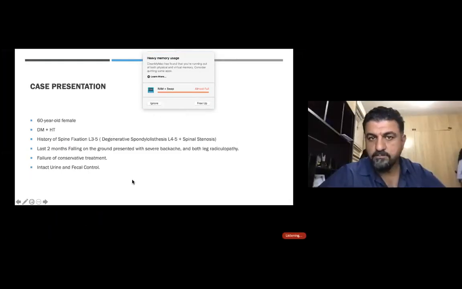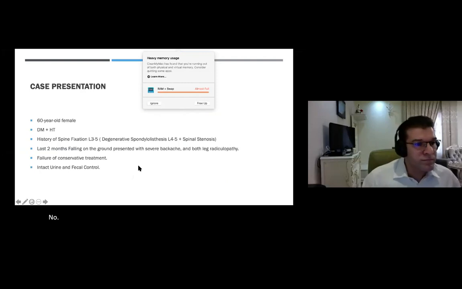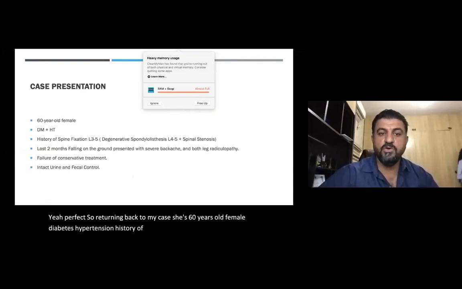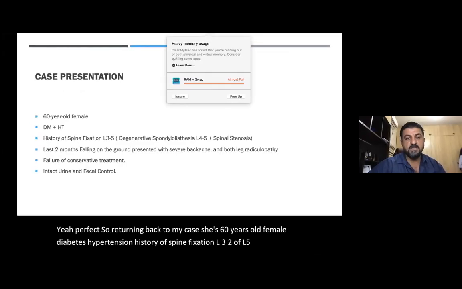So, returning back to my case, she's a 60-year-old female, diabetic, hypertensive, with a history of spine fixation, L3 to L5, secondary to degenerative spondylolisthesis and spinal stenosis. She did well after surgery till the last 2 months when she presented with a history of falling on the ground, leading to severe back pain and both leg radiculopathy, no cauda equina symptoms, with failure of conservative treatment.